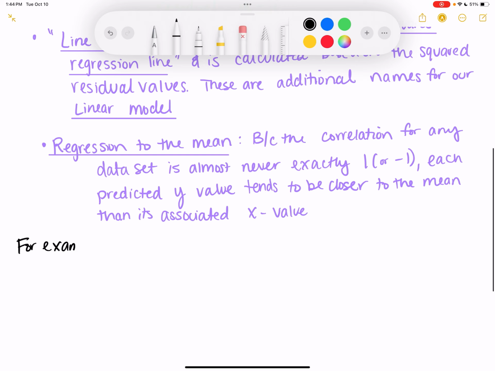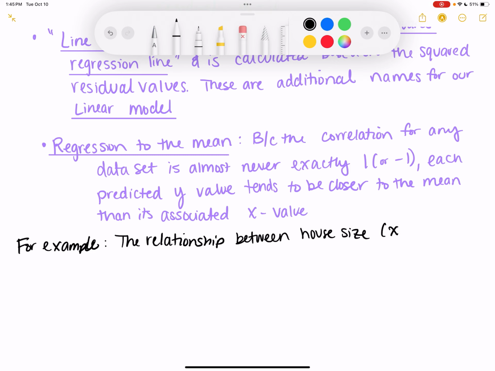For example, the relationship between house size X and price Y has a correlation of 0.77.